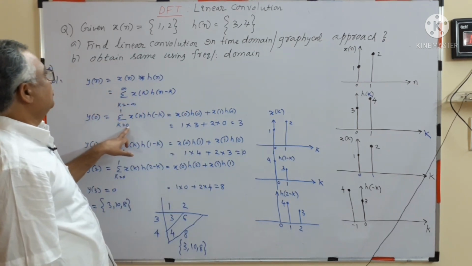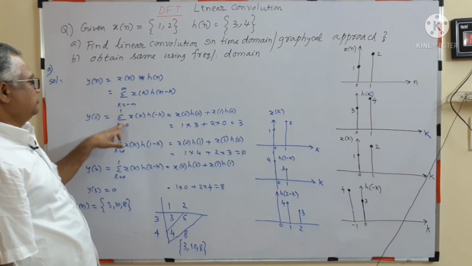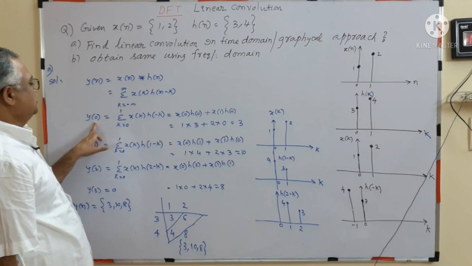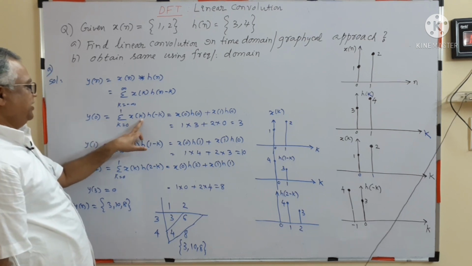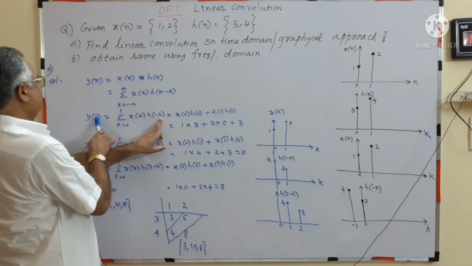So here, how many values are there? 2 values, 0 to 1. I am finding y of 0 first: x of k, h of minus k, with n equal to 0.